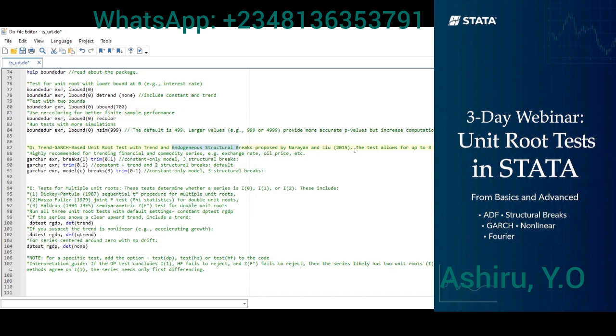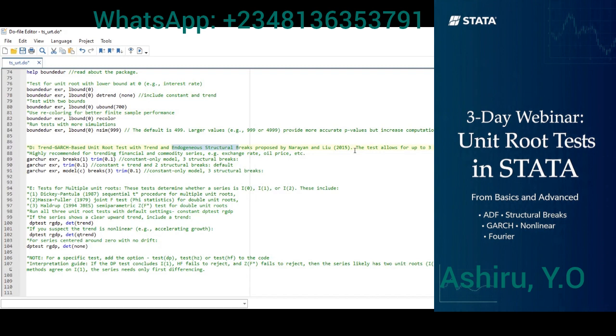So when you are working with energy series or financial series, it's always good to check before you conclude that the series are not stationary. Energy and financial series, like stock price and oil price, are usually volatile and tend to have breaks. If you use the ADF and PP tests, they might not detect the actual behavior of the series.